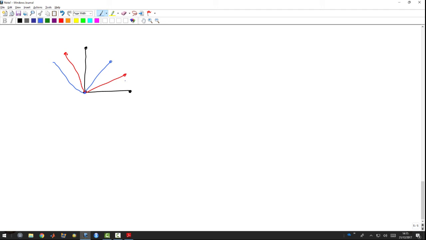So in this case, the diagonal elements are equal, and the off diagonal elements are equal in magnitude and opposite in direction.